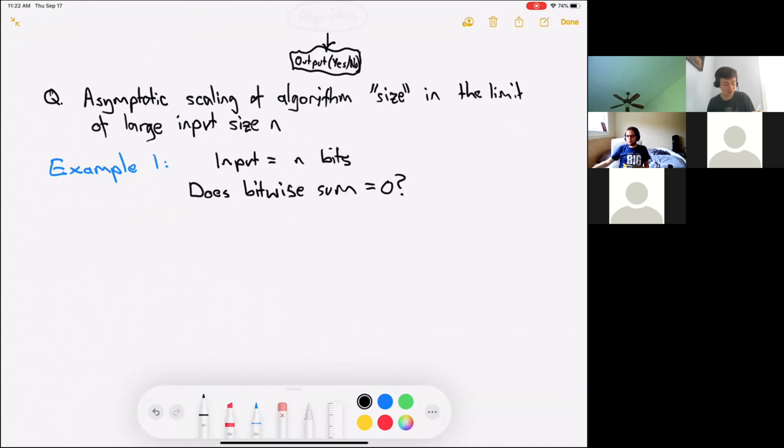If I start with, say, 8 numbers, so we have 1, 1, 0, 0, 1, 1, 0, 1, right? Then we can add up these two, get 0, add up these two, get 0, add up these two, get 0, add up these two, get 1.